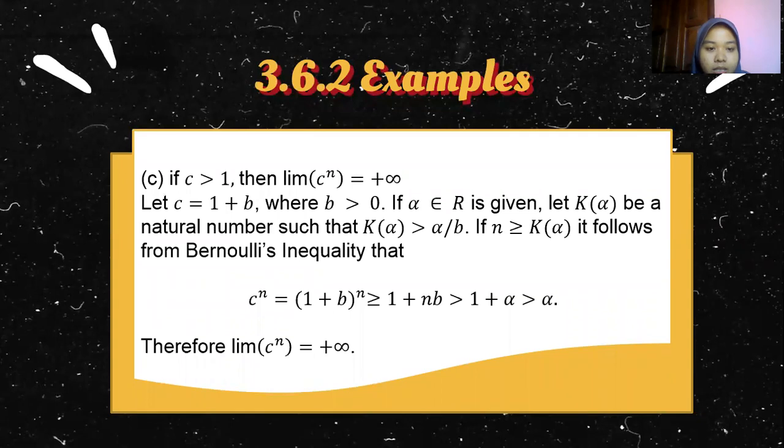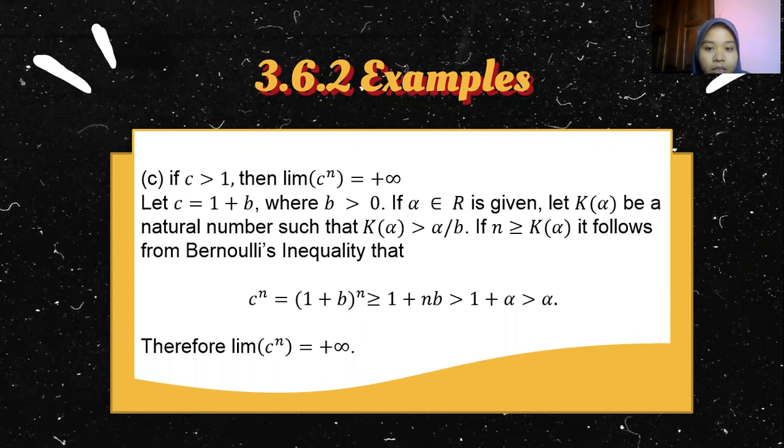And the third example: if c is greater than 1, then the limit of c to the power n equals positive infinity. Let c equal 1 plus b, where b is greater than 0. If alpha in the real numbers is given, let K(alpha) be a natural number such that K(alpha) is greater than alpha divided by b.